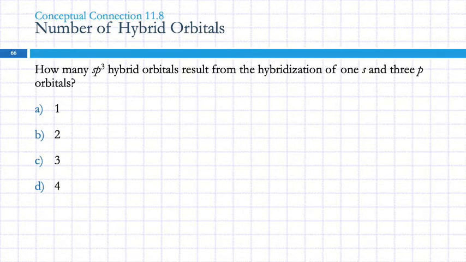So, how many sp3 hybrid orbitals result from the hybridization of one s and 3 p orbitals? So if we take one s orbital and 3 p orbitals, and we hybridize those together, how many orbitals are we going to end up with? 4. We start with 4 orbitals, we end up with 4 orbitals.